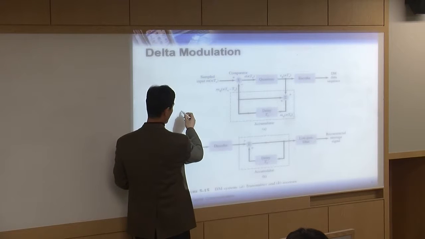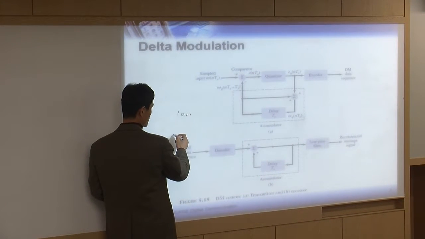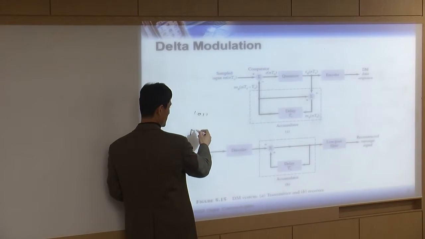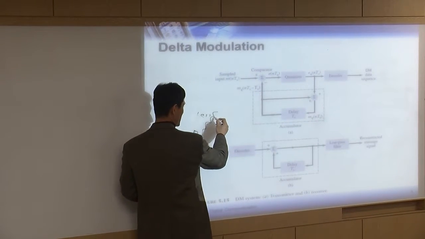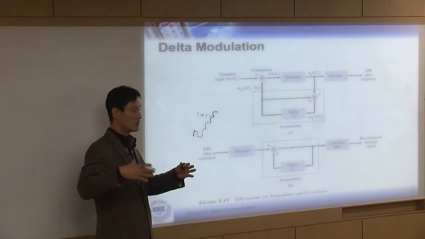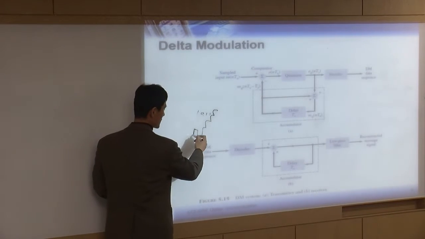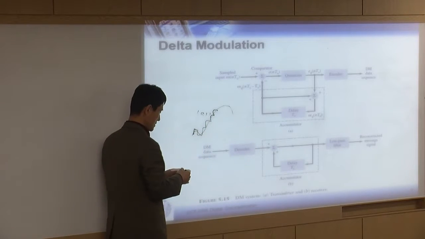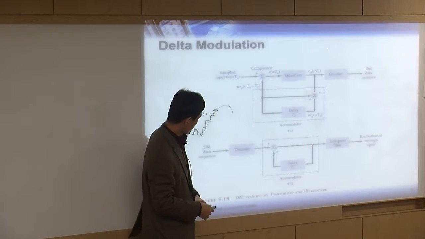Because when 1, 0, 1, 1 comes in, you are going up, going down, going up, up, up, up. The next sample is going to be on top of the previous sample. Every time you get a new sample, you accumulate. Only then are you going to get this kind of signal, right? So that's why you need to have an accumulator here.